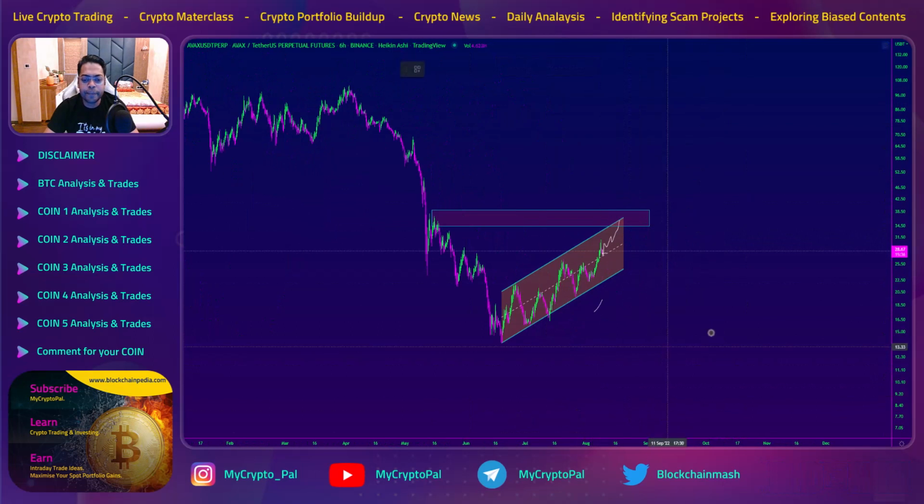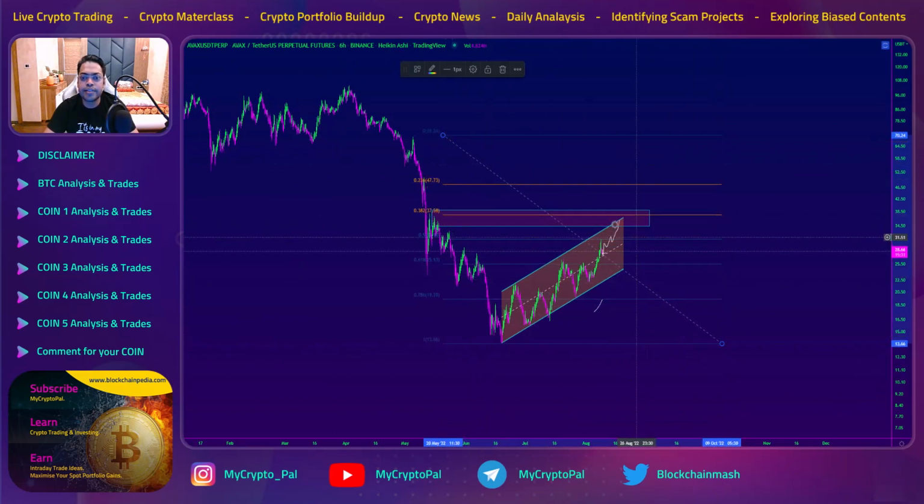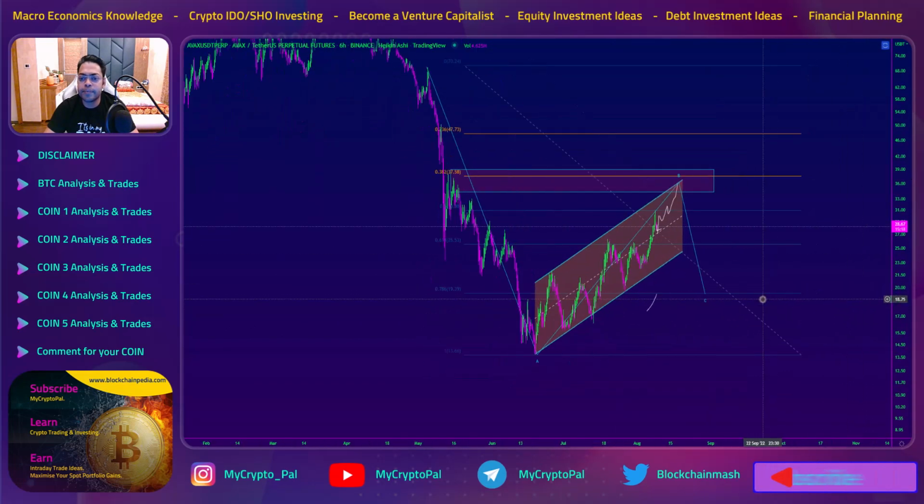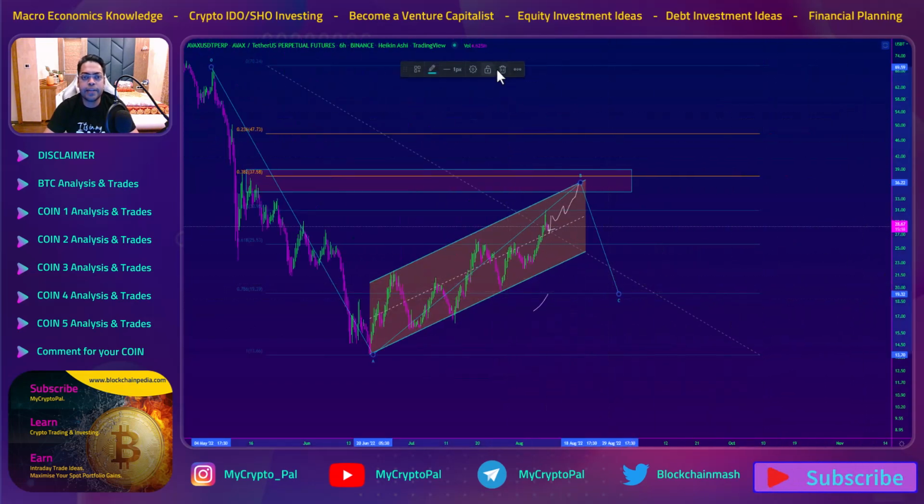But just looking at the mid time frame zones, you can see that this is the 0.382 level. So I would like to see AVAX tapping this at least, and then rejecting somewhat to this level again. Okay, so this is the immediate setup that I see.